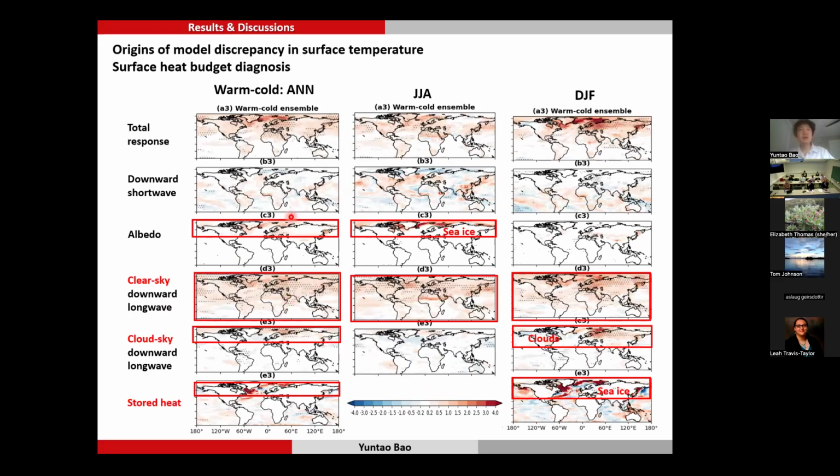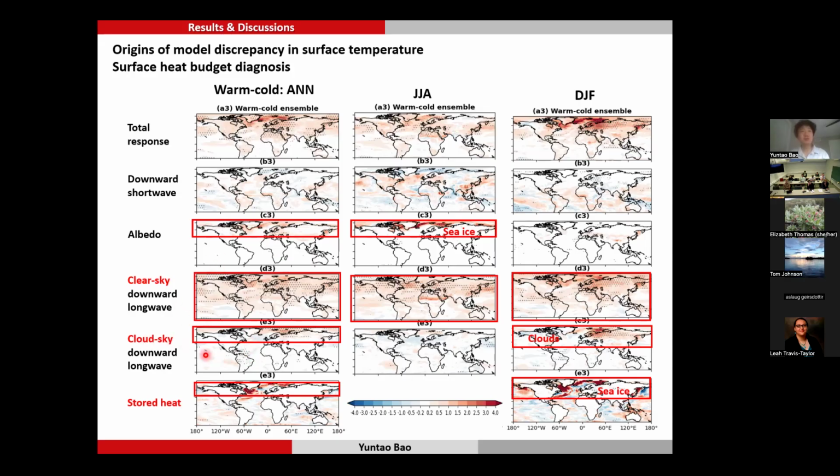Another thing, in the Arctic region, the albedo effect is also important. We will naturally think about it because it's mostly over the Arctic Ocean, right? We will naturally think that it is due to the changes of sea ice, the sea ice albedo feedback.